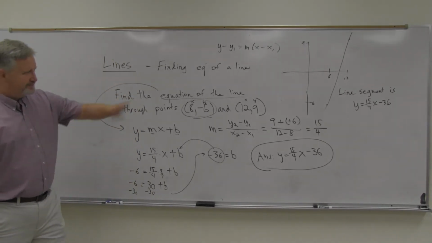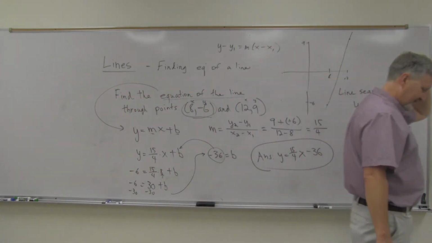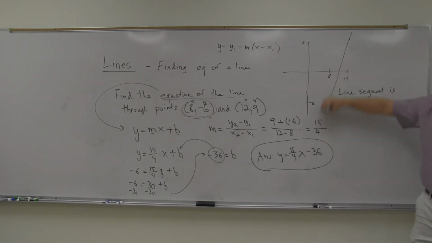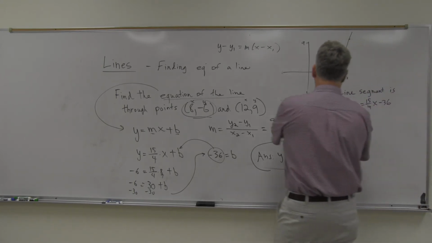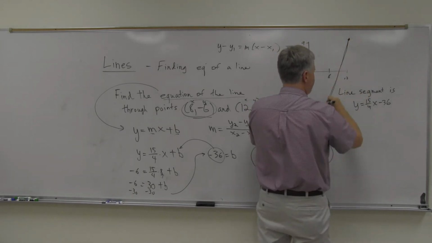All right, well, besides my little blip there, that's that line. They say, well, what's the line segment between these 2 points? And so they're just wanting this right here, from here to here.